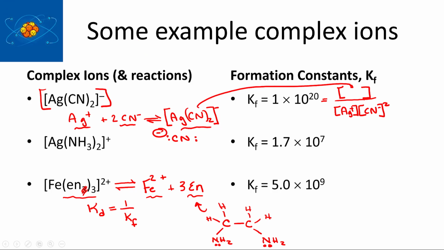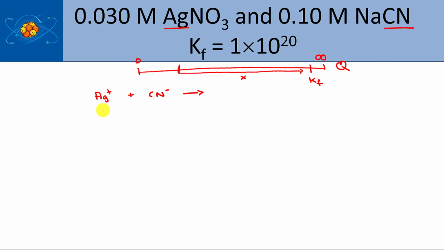Here, Ag(CN)2, and the equilibrium constant for it was 1 times 10 to the 20th, right? So we know what the formula is. So I know it's Ag(CN)2 with a -1 charge. And just to reiterate, there are 2 negative charges from the CN, so 1 positive. So you have an overall -1 charge.